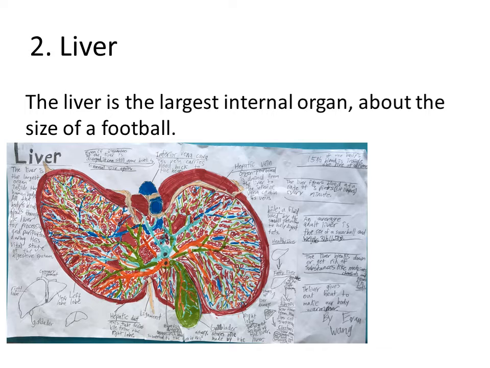Under the words, oxygen-rich blood is supplied to the liver by this artery. And then just on top is basically the opposite thing, which drains away poor oxygen blood.